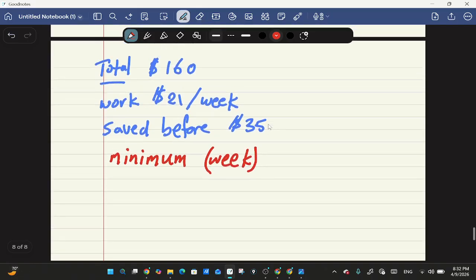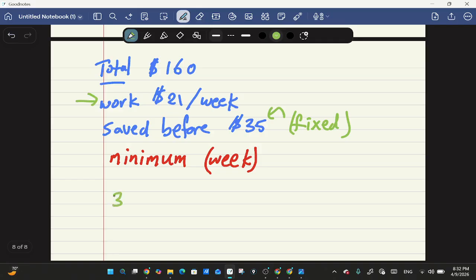Usually in these equations, we can start with a fixed number. Why is it fixed? Because this number was with the person even before he started the work. So we start with a fixed number like this, writing 35.